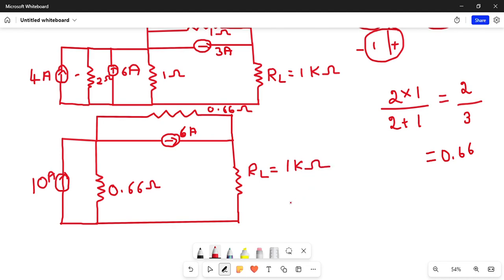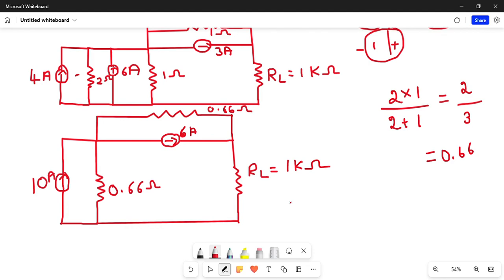Okay. So now once again I need to convert this into a voltage in series with the resistance, because these two are now currents in parallel with the resistance. So I need to convert it into a voltage in series with the resistance.